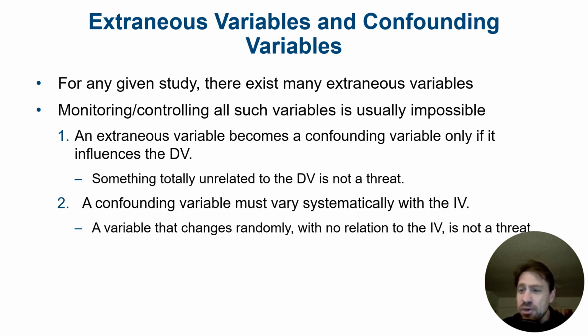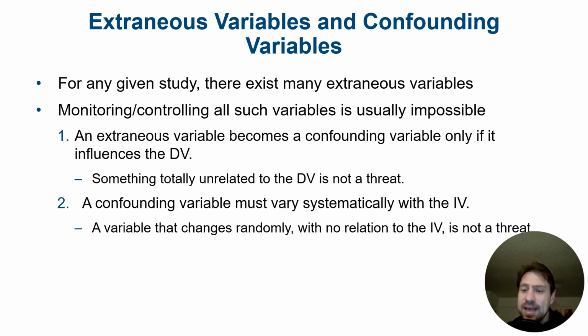An engineering major may be better at solving certain kinds of problems compared to an art history major. Or take something environmental. The pattern on the ceiling tiles in the room probably won't affect problem solving. But the temperature in the room or the noise levels in the room plausibly could. So as a researcher, you have to identify which extraneous variables can be potential confounds and which are not likely to be confounds.